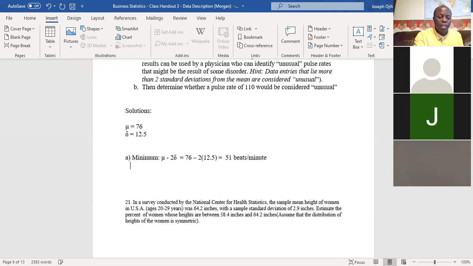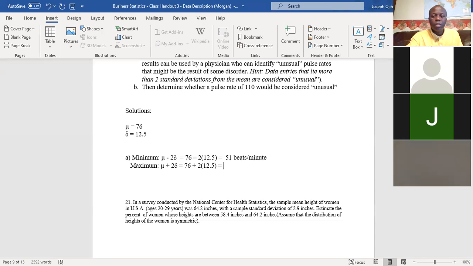Then the maximum now becomes the same thing, mean, but this time we're going to use plus 2 times standard deviation, which is 76 plus 2 times 12.5.